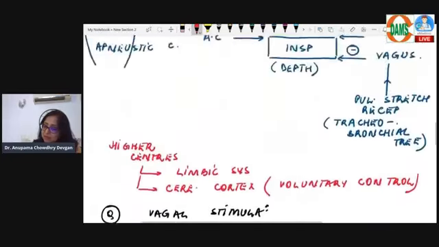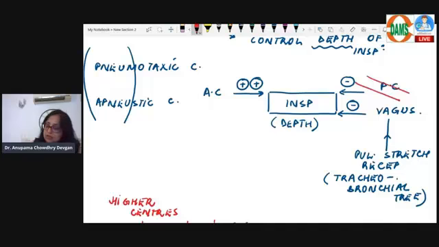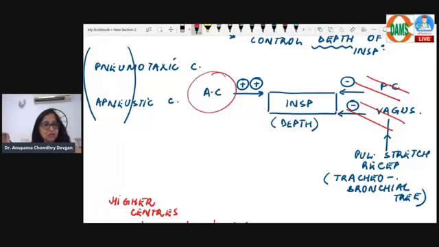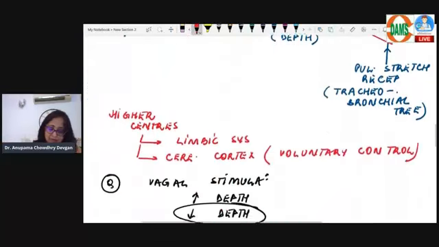So that means pneumotaxic center control is gone, vagal control is gone. So it is only the apneustic center which is going to be active. Midsection removes pneumotaxic center control. Vagotomy will remove the vagal control, right?